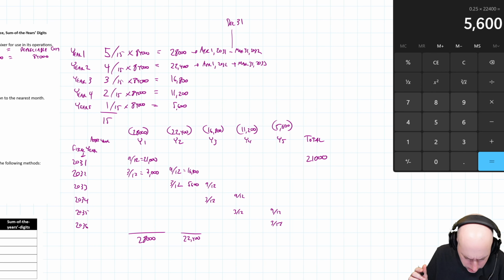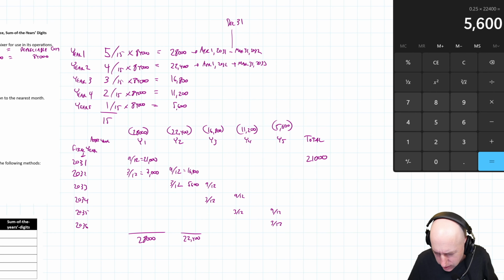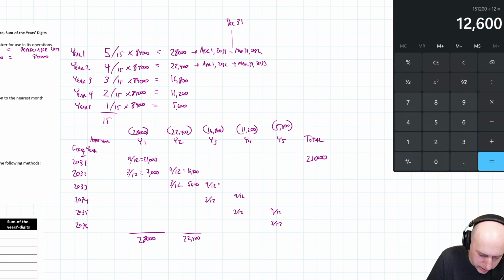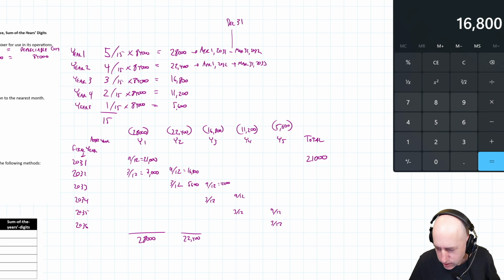Okay, so let's do the math. 16,800 times 9/12, 12,600. 16,800 times 3/12, 4,200.